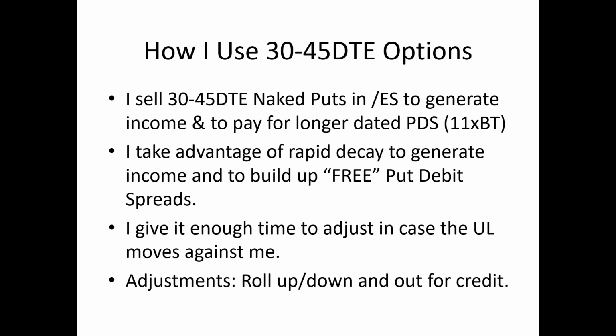Right? So I am able to use this smaller window for the naked puts to generate multiple tranches of those put debit spreads, and those put debit spreads will be financed by the short naked puts in that 30 to 45 DTE window. I hope that is clear.